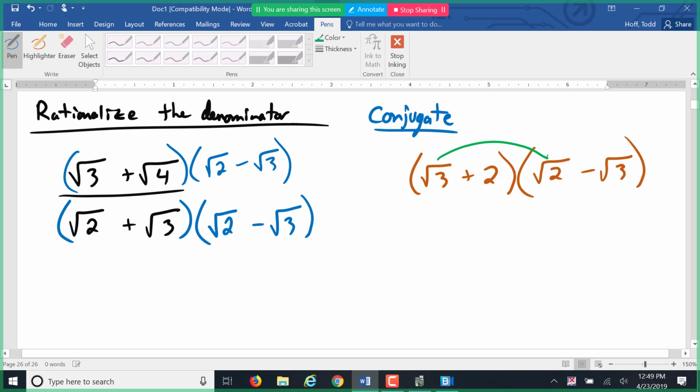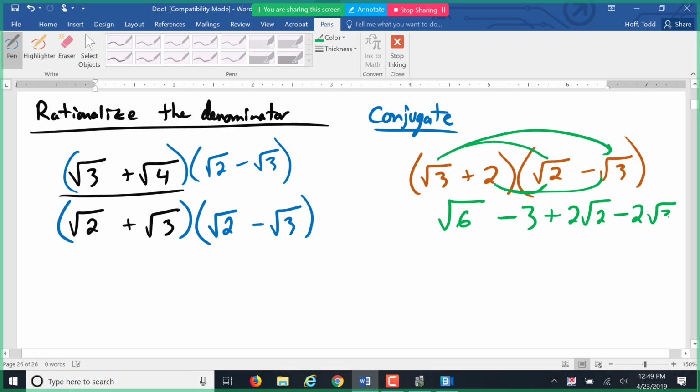Square root of 3 times square root of 2 is the square root of 6. Square root of 3 times the negative square root of 3 is just a negative 3. 2 times the square root of 2 is just 2 times the square root of 2. And 2 times the negative square root of 3 is negative 2 times the square root of 3. So that's what we get on the top for the numerator.